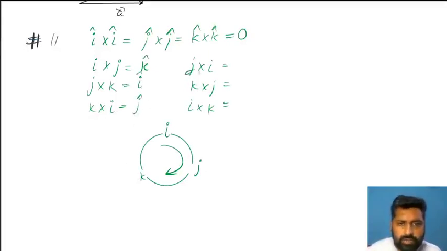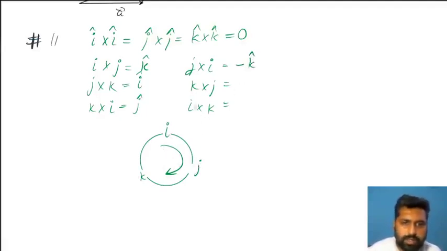Then what happens with J cross I? Same circle, but you are moving opposite to the direction I have mentioned. Whenever you move opposite to the direction, you have to put a negative sign. So J cross I, move to the next one, K, but it will be minus K because we moved in the anti-clockwise direction.